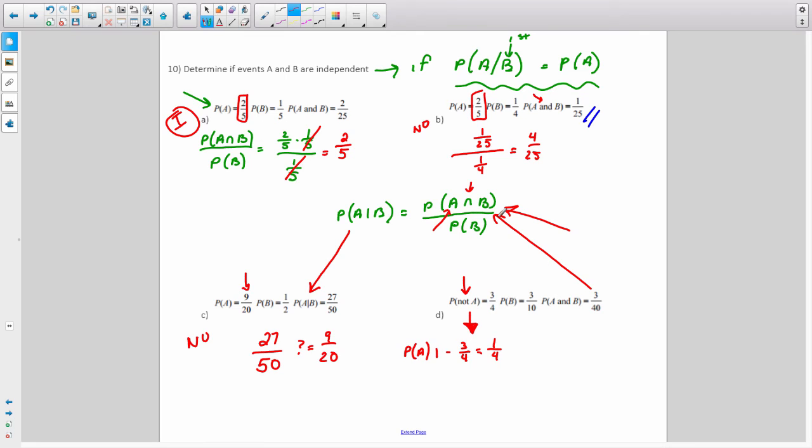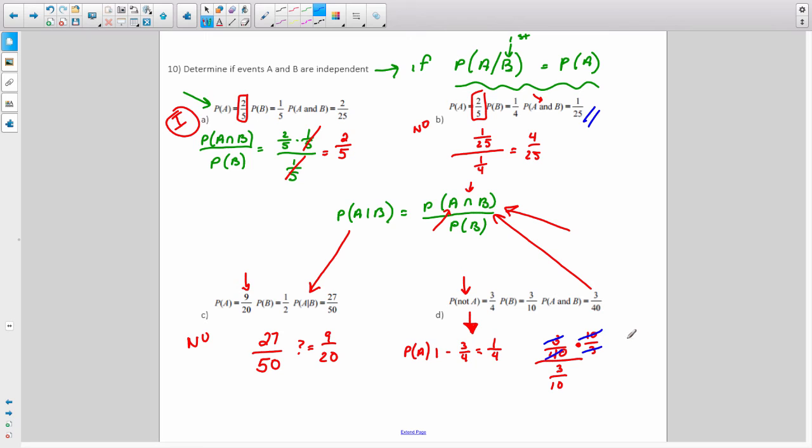Perfect. So let's put 3 over 40 on top, divided by probability of B, which is 3 over 10. Let's do this manual this time. Keep change flip. Let's multiply by the reciprocal. I think you'll agree that the 3's cancel.